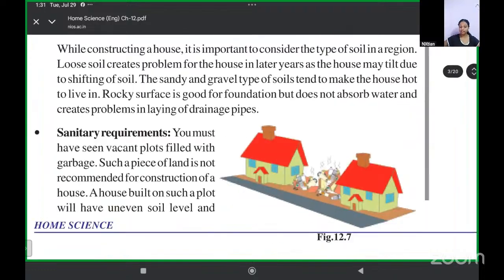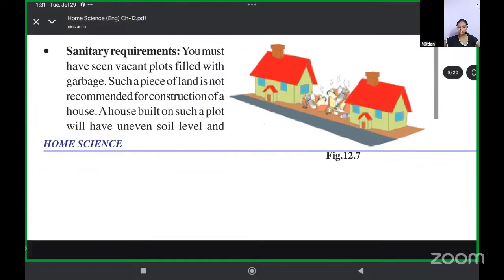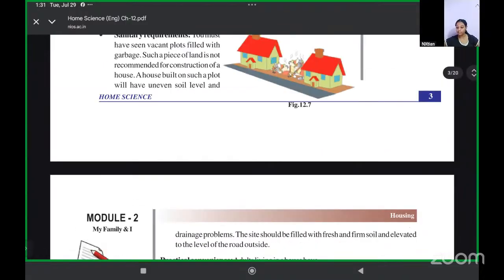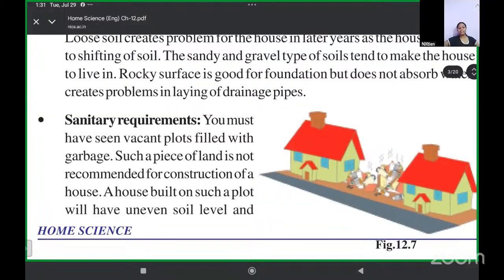Then there are sanitary requirements. You must have seen vacant plots filled with garbage, and such a piece of land is not recommended for construction of a house. A house built on such a plot will have uneven soil level and drainage problems. If nobody is living in a house or a piece of land, what people do here is use that as a dumping yard.